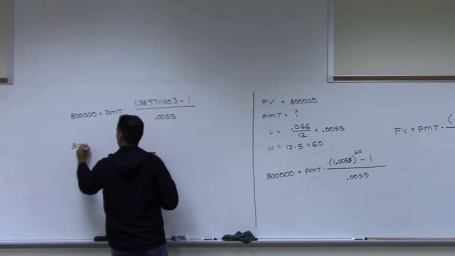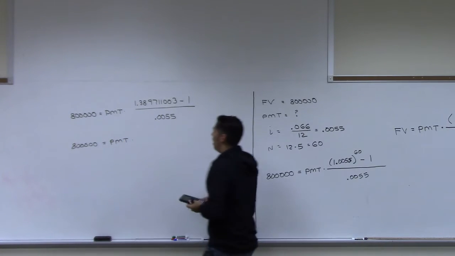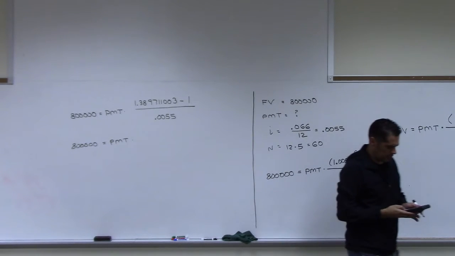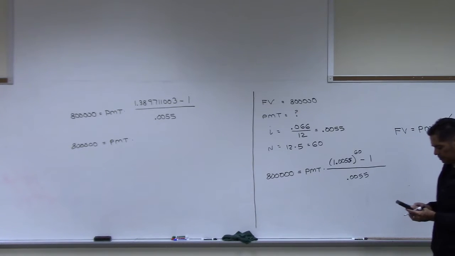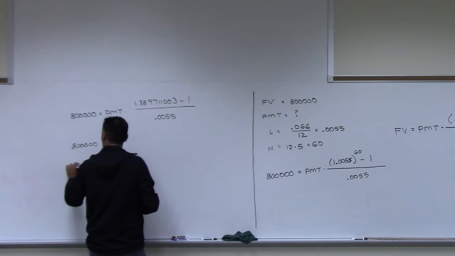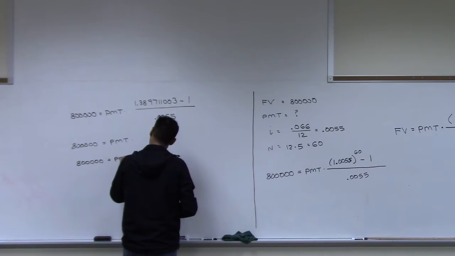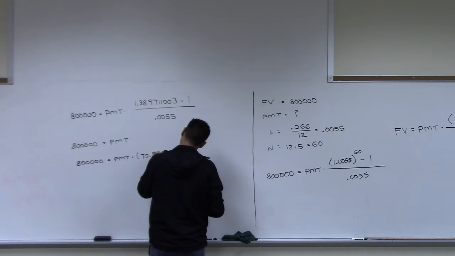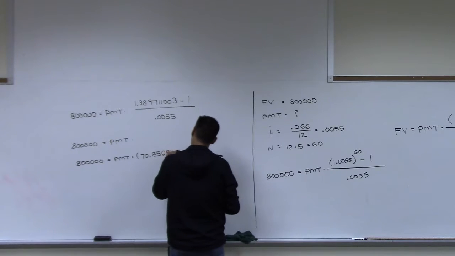I'm going to do all of this at one time: I'm going to do that minus 1, divide by 0.0055. 70.85, something like that. So 800,000 equals payment times 70.85654594, something like that.